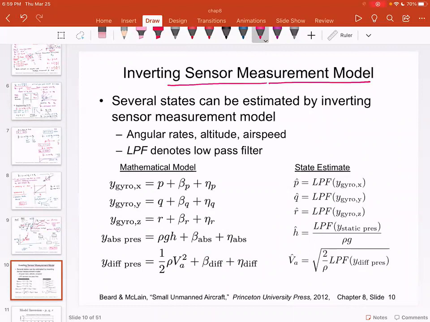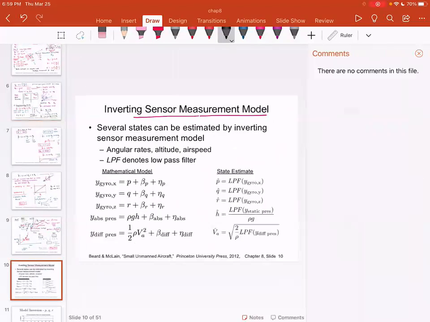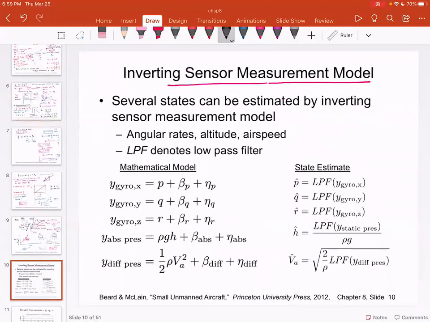So there is something called low pass filtering. Just to give you an idea, what is this low pass filtering? Imagine that you have a signal, and that is noisy. And there is a high frequency component and a low frequency component. You pass this through a mathematical algorithm, sort of a filter.